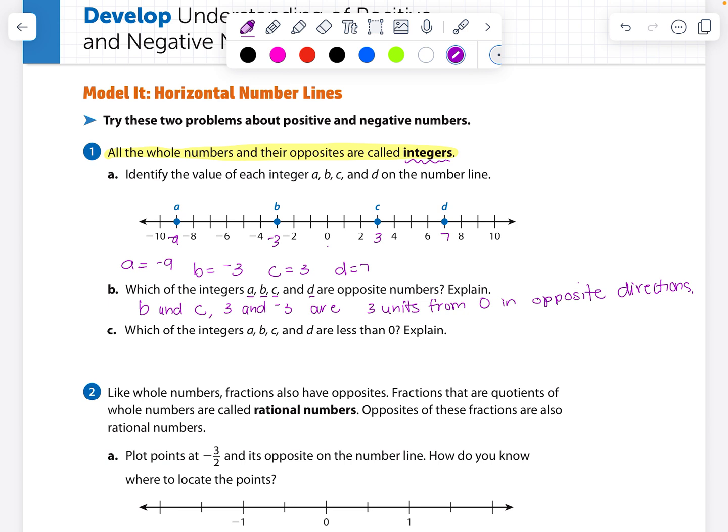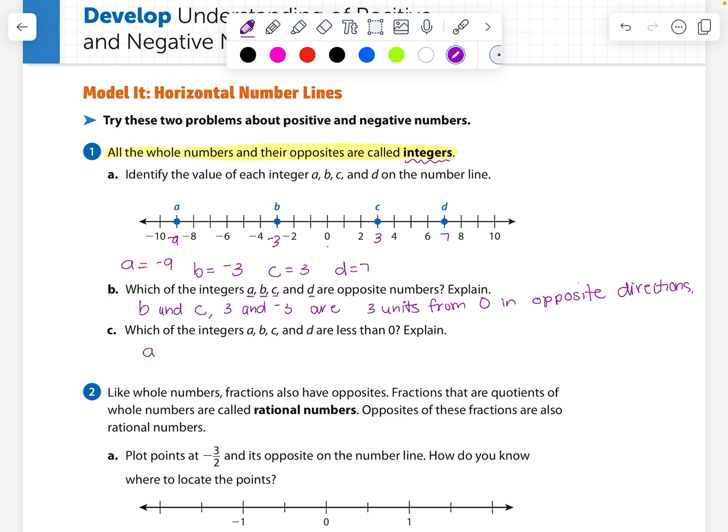C, which of the integers A, B, C, and D are less than 0? And explain how you know. What they're trying to point out here is that numbers are less than 0 if they're to the left of 0 on what we call a horizontal number line.